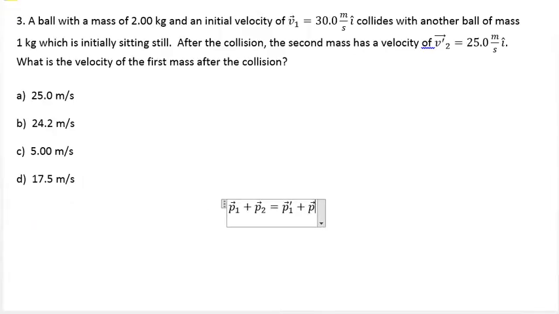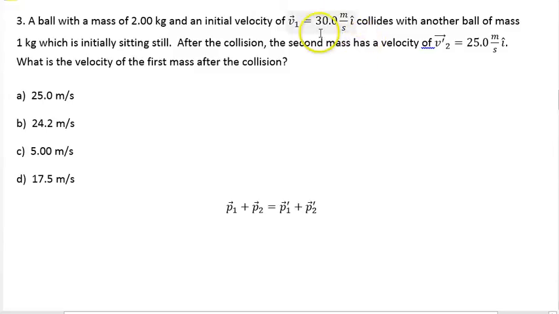So we know, because the initial momentum is in the x direction with this i-hat right up here, and because the velocity, and thus the momentum, of the second ball after the collision is in the i-hat direction, or the x direction, like it says right here, we know that the momentum P1 prime is also going to have to be in the x direction.